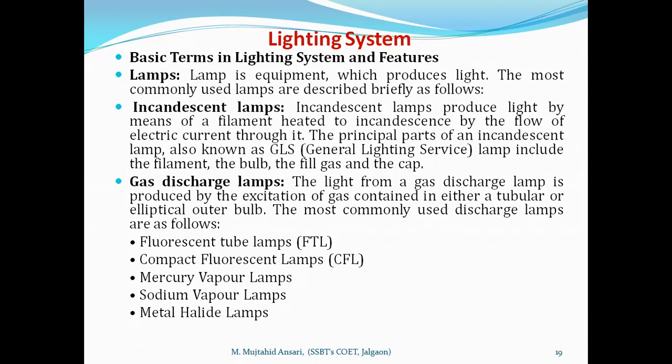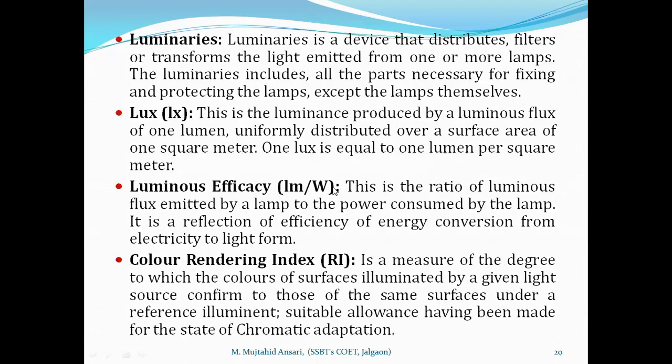We never use mercury vapor lamp in the home or in shops. The reason is that it takes some time to ignite, and there is color blindness. Okay, so these are some different types of lamps available in the market.